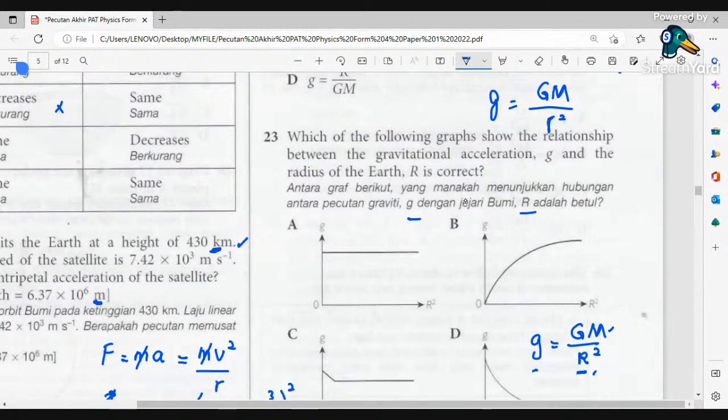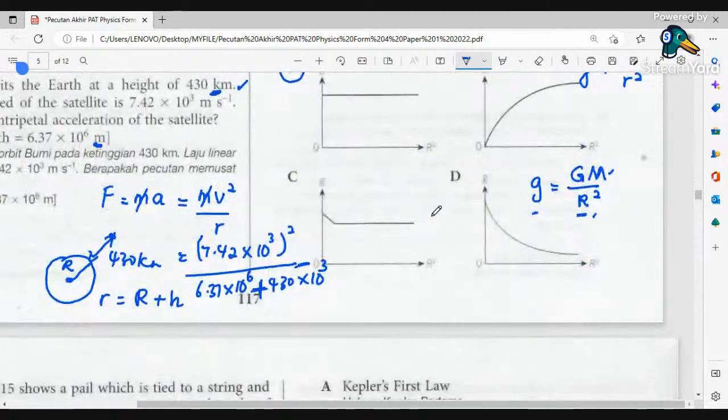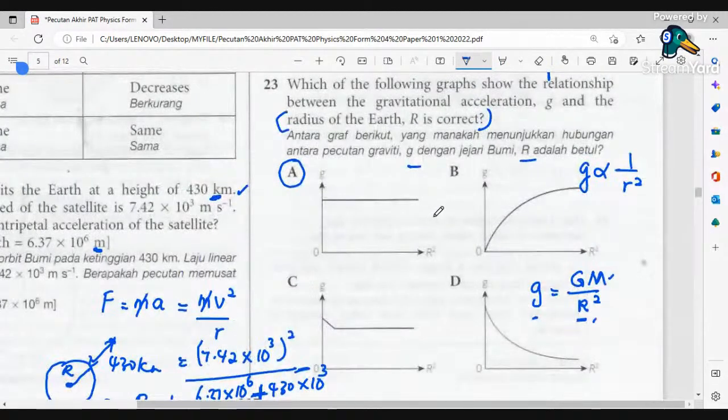I think I would prefer answer A, because it mentions the radius of the Earth. If it mentioned g with small r, then I would accept answer D. But now R is already constant, how can it change? So I will choose answer A, not D.